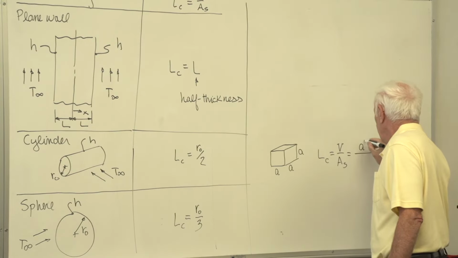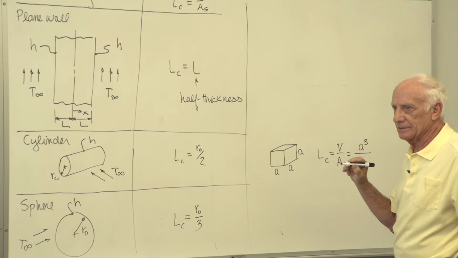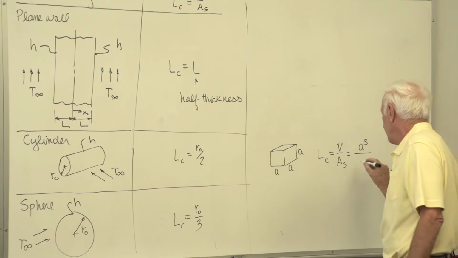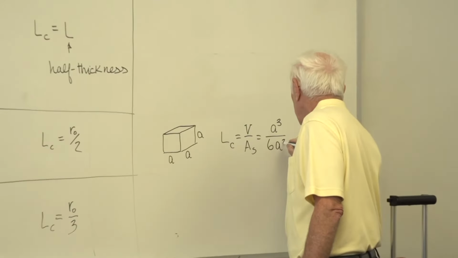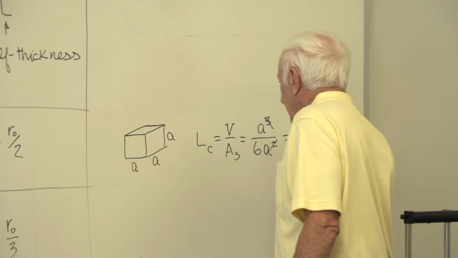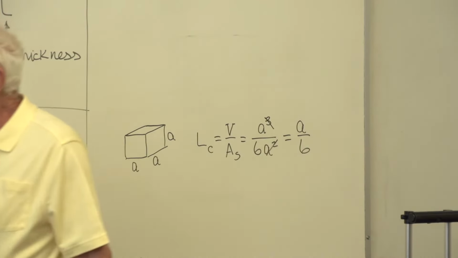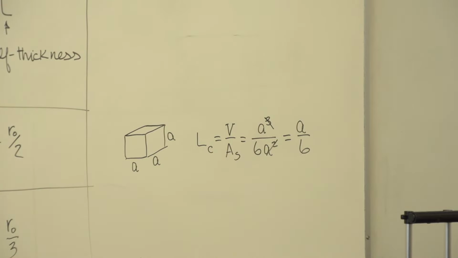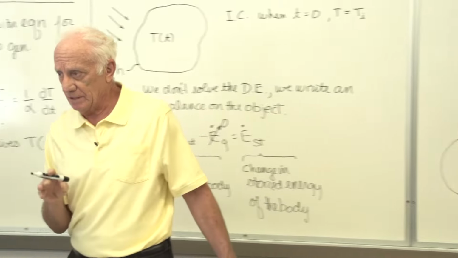Volume, a cubed. How many sides? 6. What's one side? a squared. L sub c is the length of one side divided by 6. That's what goes in the Biot number. So for any object, it's the volume divided by the surface area touching the fluid.